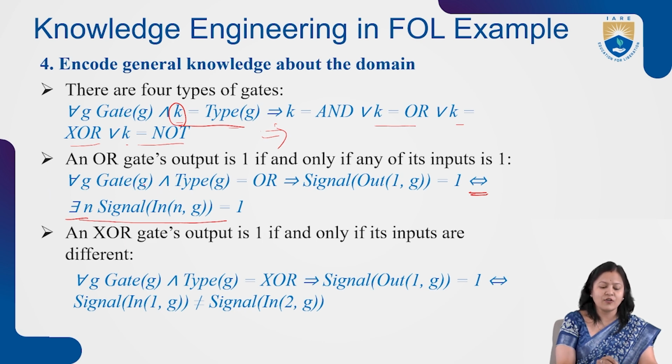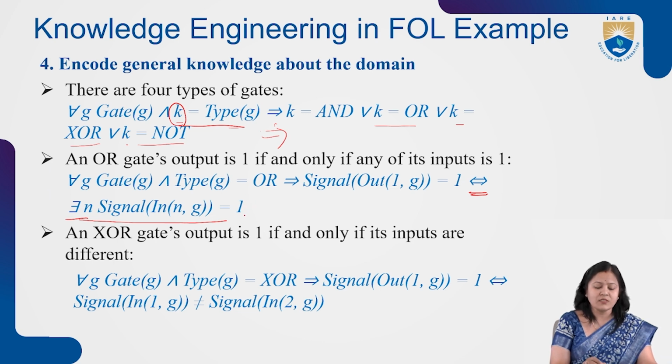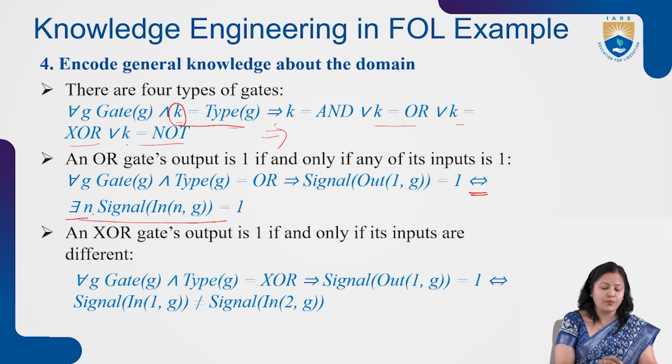For all g, gate of g and type of g equal to OR implies the output signal from g is equal to 1 if and only if there exists an input signal that is 1. If any one of the input signals is 1, definitely the output signal is 1. So that is why we are using there exists n, where n is any input signal.